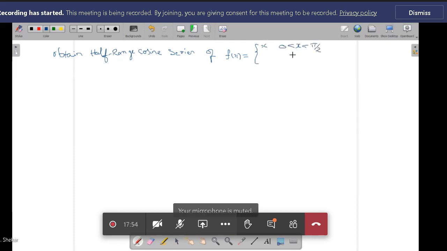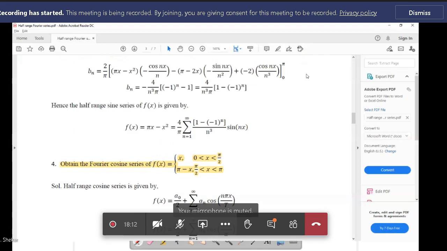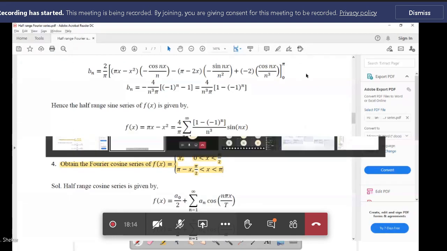Sorry, pi minus x in the interval pi by 2 less than x less than pi. Is that correct? x, pi minus x. Okay.